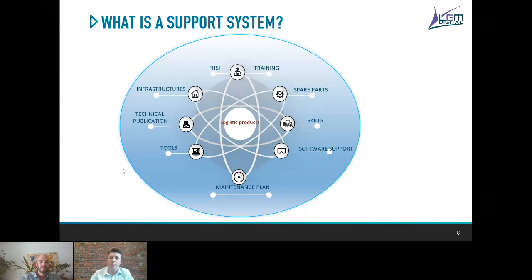For example, we have to develop new skills for the personnel. We have to deploy a new maintenance plan, and all those activities will require training. So, considering training as a logistic support product is very important, as it will allow coherency between all those products and the information we deliver to the final users.